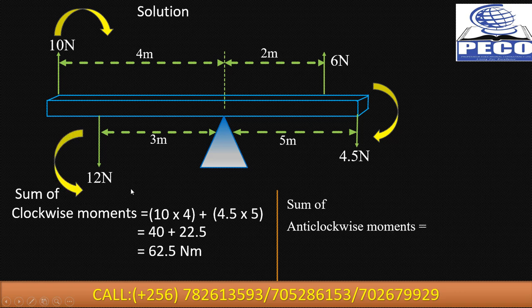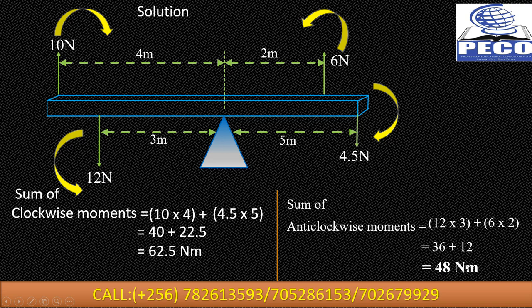The 12 makes this beam turn in this direction, so we shall say 12 times 3, and also this one turning in this direction makes it 6 times 2: a force times the distance from the fixed point. So we shall have 36 plus 12, and we get 48.